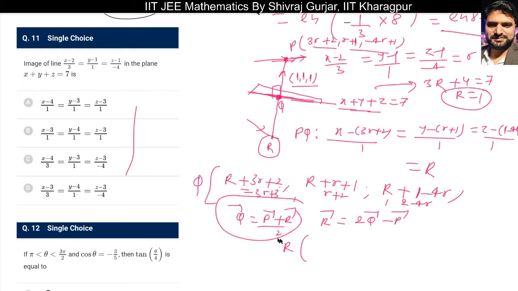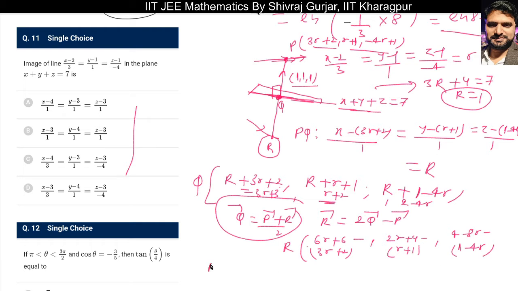So now twice of Q क्या होगा? Twice of this: 6r plus 6, minus P. What is P? P is 3r plus 2. Similarly here, second, 2r plus 4 minus (r plus 1), and 4 minus 8r minus (1 minus 4r).